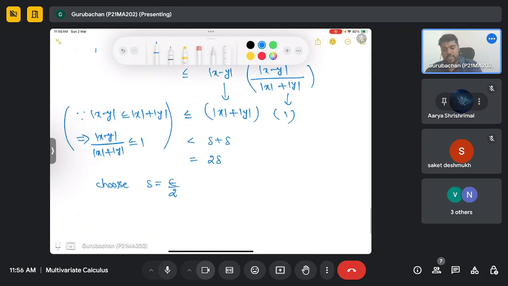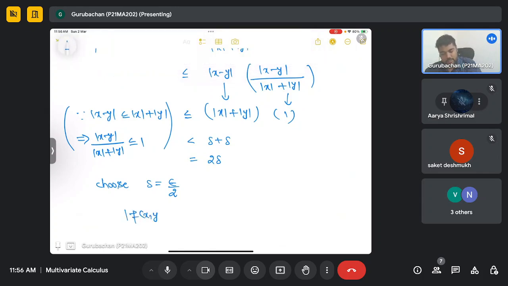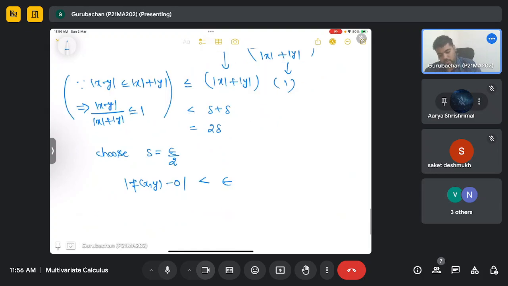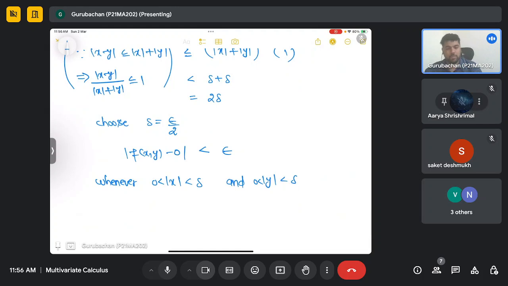If we take delta as epsilon by 2, then f of x minus 0 is less than epsilon whenever mod of x less than delta as well as mod of y less than delta, and these both are strictly greater than 0. So we show that the limit of the particular function at 0, 0 exists and it is nothing but 0.